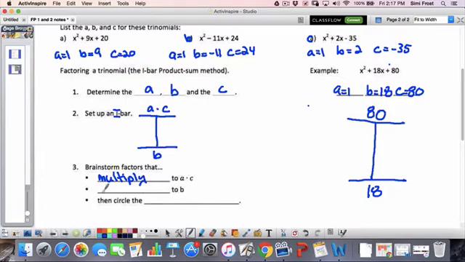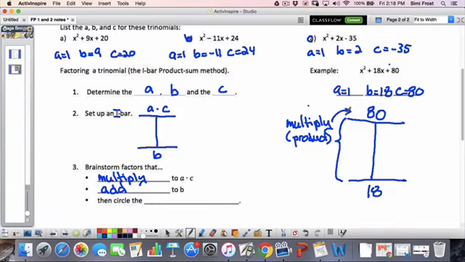All right, step number 3, brainstorm factors that multiply to A times C and add to B. So to have a graphic here, and you won't have to write this in every time, these numbers we're going to list here are going to multiply, and that's where the word product comes from in the product sum method.